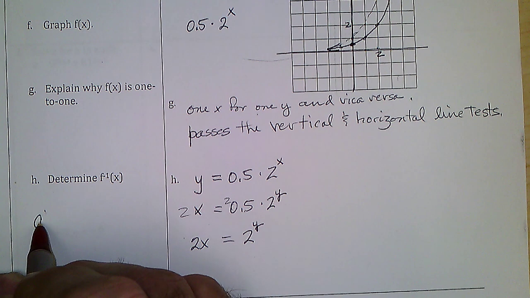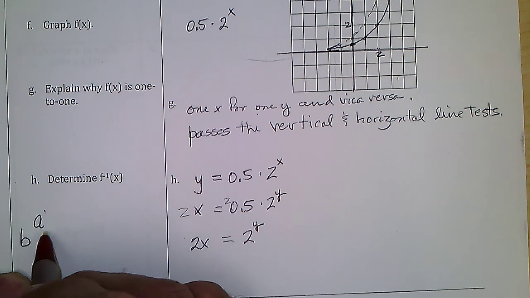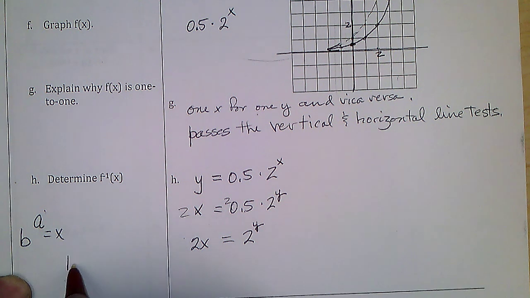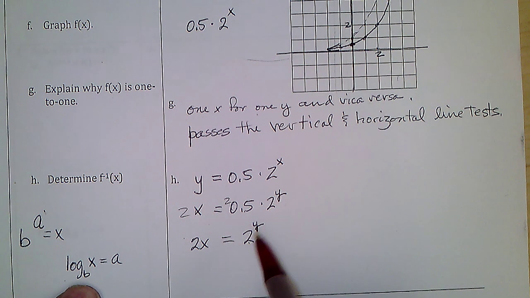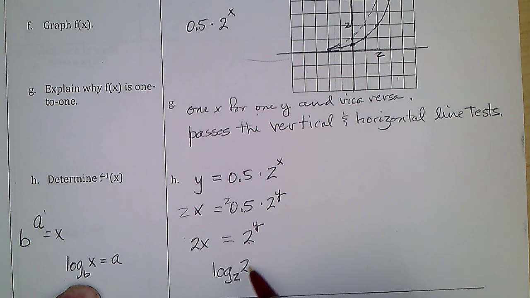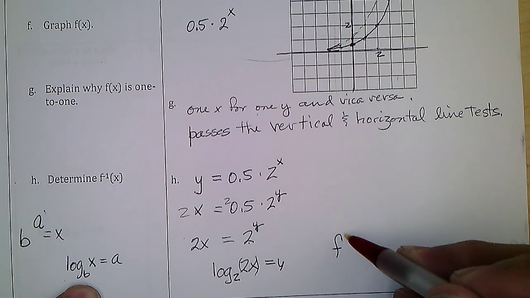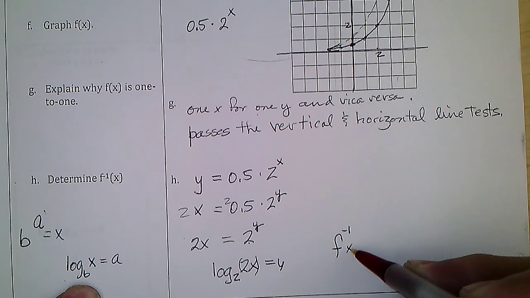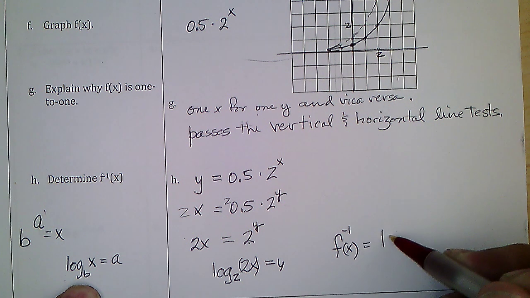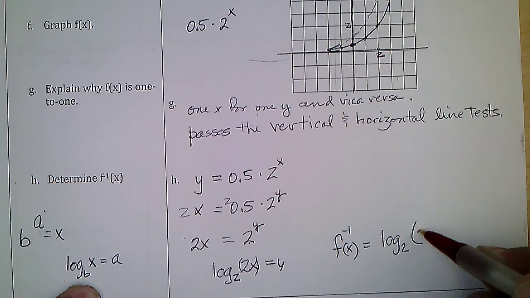That means b to the a power equals x is the same as log base b of x equals a. So the base is 2, so it's log base 2 of 2x equals y. And then finally we write it as the inverse. F inverse of x is log base 2 of 2x.